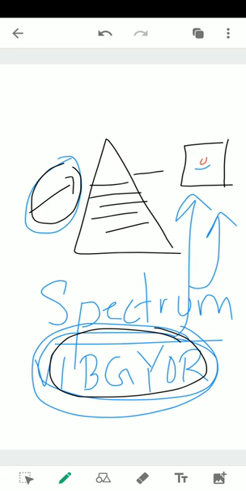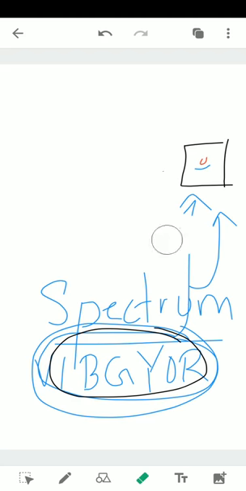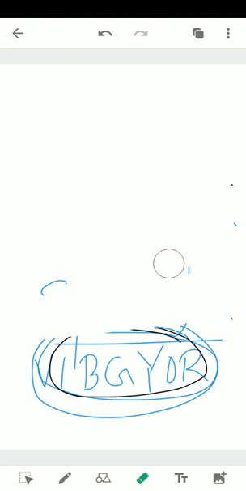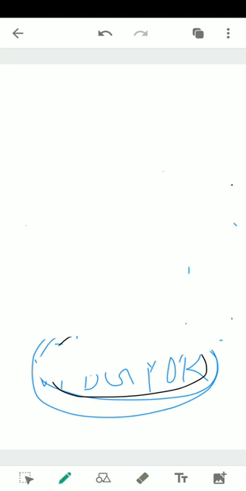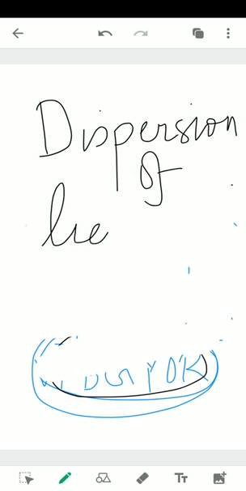This phenomenon is called dispersion of light. So let me write that for you. Please note that this is called the dispersion of light.